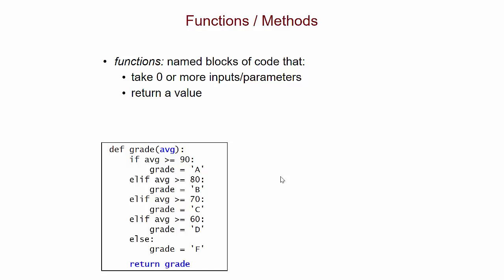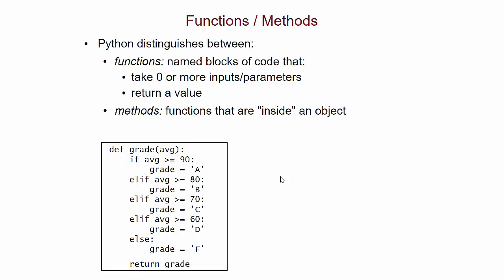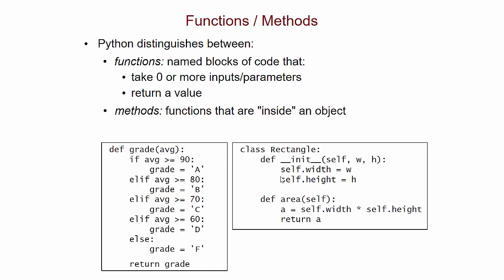Okay, so in Python, that would be a function. I'm assuming this is all the way over to the left-hand side of the file, so it's part of the global scope. But Python also has methods, which are functions that are inside objects. So let's imagine we have a class called rectangle, which is a blueprint for rectangle objects. We can have functions that end up inside those rectangle objects. In particular, we can have a function called __init__, which is used for creating the rectangle objects.